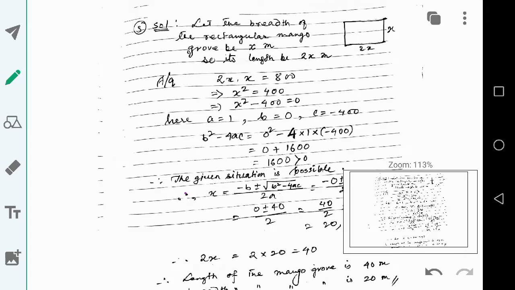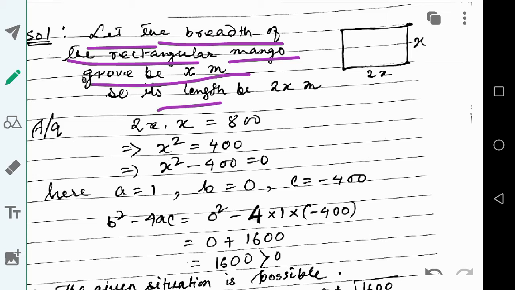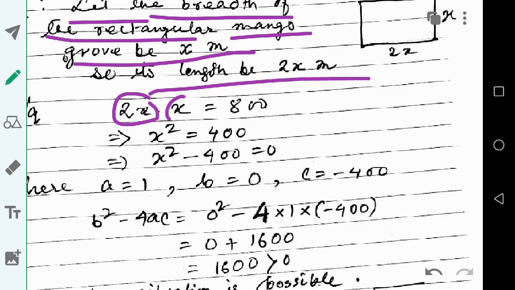So here we have considered, let the breadth of the rectangular mango grove be x meter, and so length is twice x meter, as in the question it is given that the length is 2 times the breadth. So length is twice x, breadth is x, length into breadth is area, that is 800.